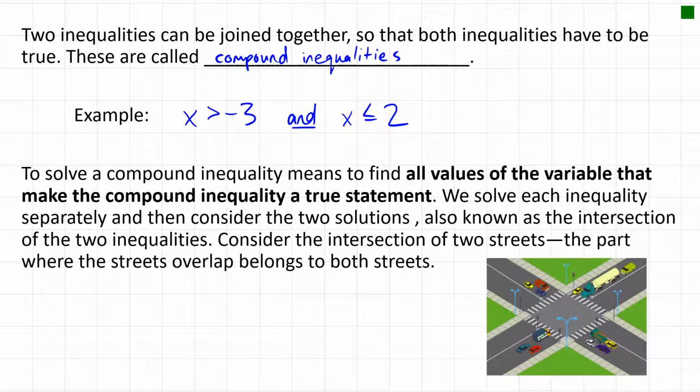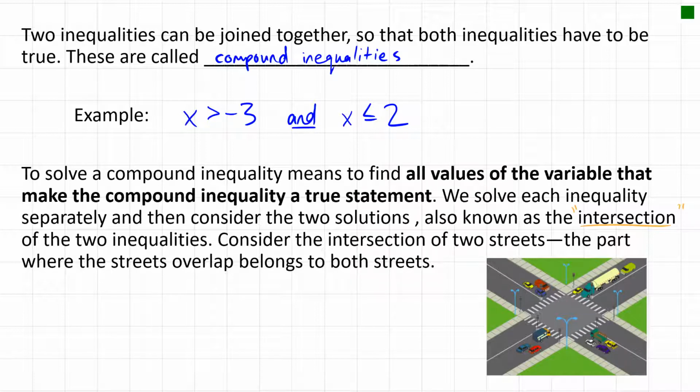To solve a compound inequality means we have to find all the values of the variable that make the compound inequality a true statement. So we're going to solve each inequality separately, and consider the two solutions, which we also call the intersection of the two inequalities.